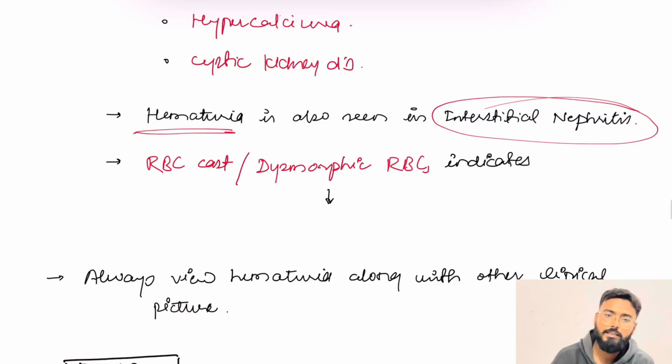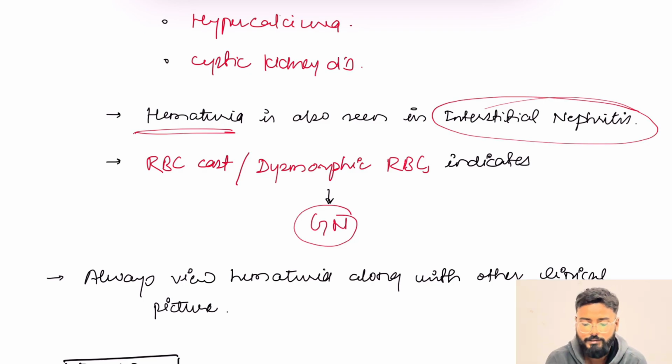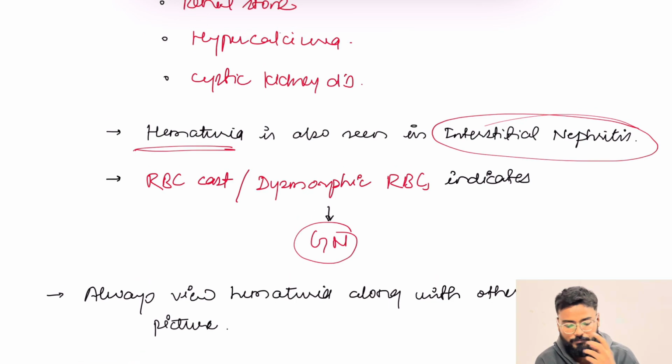Now RBC casts or dysmorphic RBCs, we are going to see in case of glomerulonephritis. What is an RBC cast? That we will see in the next video.